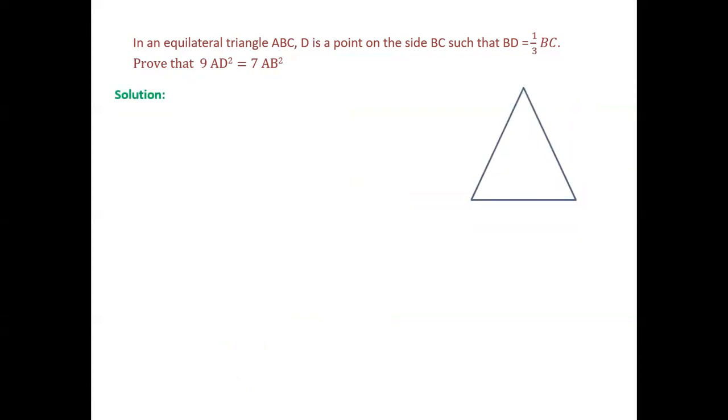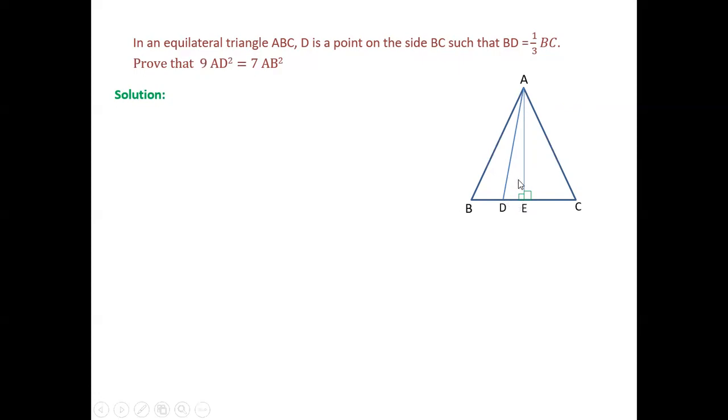See, this is a triangle A, B, C, and let us draw the perpendicular. These two are 90 degrees, and this is E, and let us draw a line here and name this as D. So BD is 1/3 of the entire length BC. Now let us apply Pythagoras theorem to this small triangle ADE.